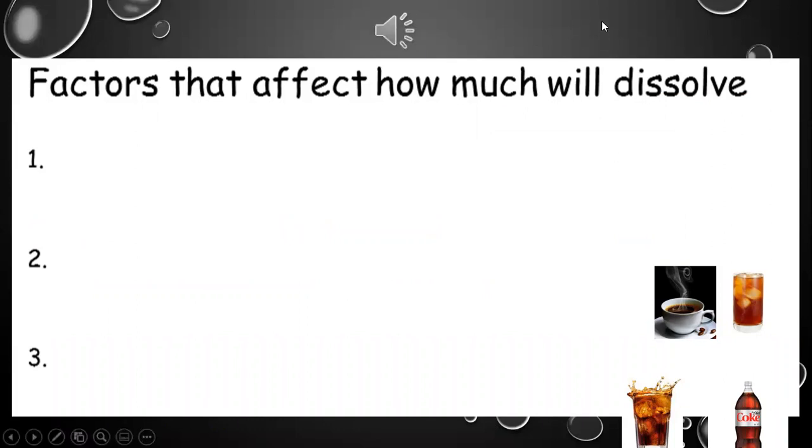Okay, what we want to look at here is what kind of factors are going to determine how much of a solute will actually dissolve in a solvent. So there are a few things that we need to keep in mind. First, some things just happen to be more soluble than others due to their structure, how they bond together. And so the nature of the solute is really talking about the solute itself.